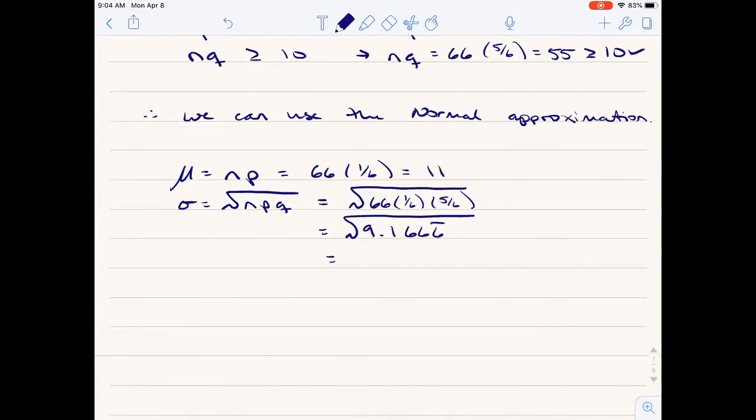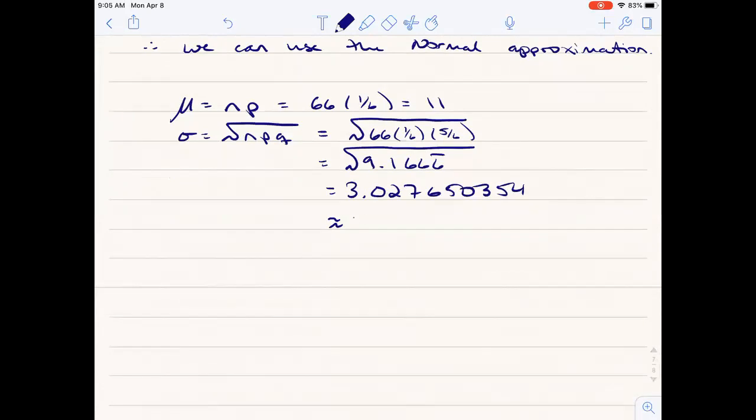You don't want to forget that square root. 3.027650354, or roughly 3.028.